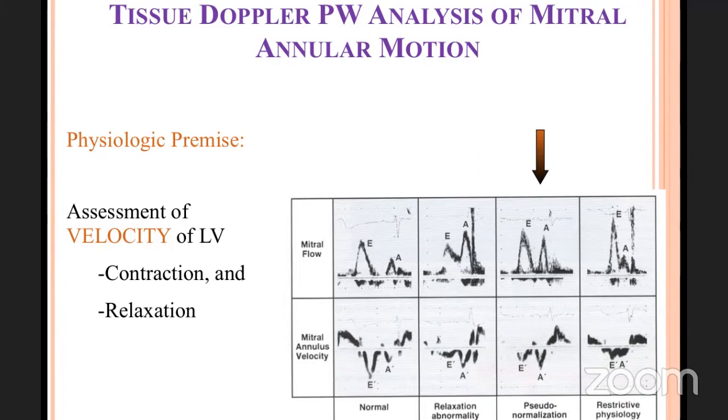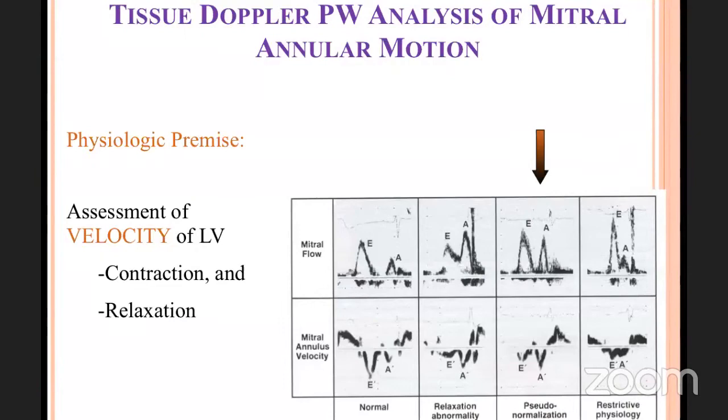E prime represents relaxation: the steeper the relaxation, the greater the E wave amplitude, and the slower the relaxation, the lower the E wave amplitude.